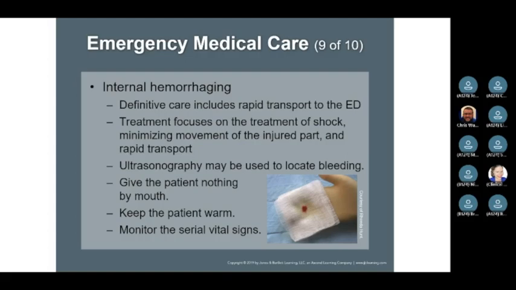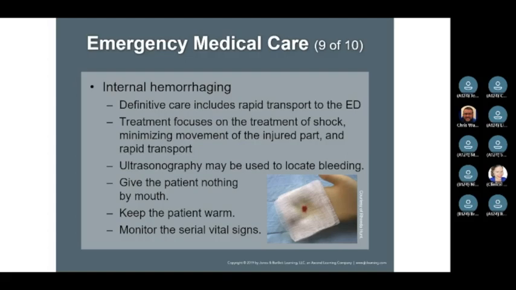Ultrasonography may be used to locate the bleeding in the ED. Follow the steps in skill drill 27.3 to care for patients with possible internal hemorrhage. A patient should be NPO, so give nothing by mouth. Insert at least one 18 gauge IV catheter and administer fluid boluses of 250 milliliters of normal saline or lactated Ringer solution.